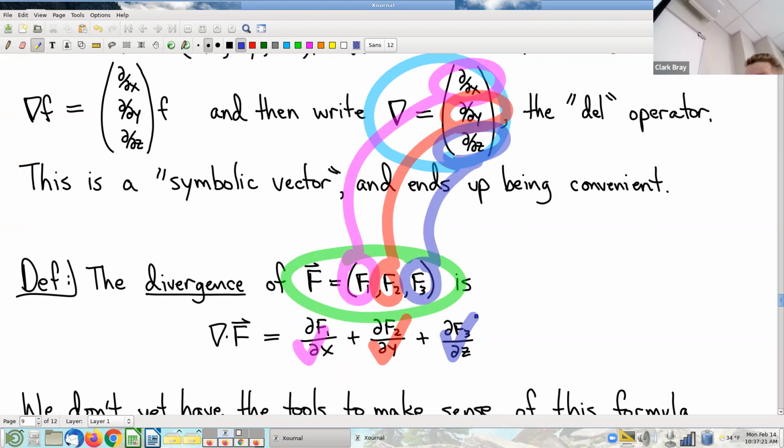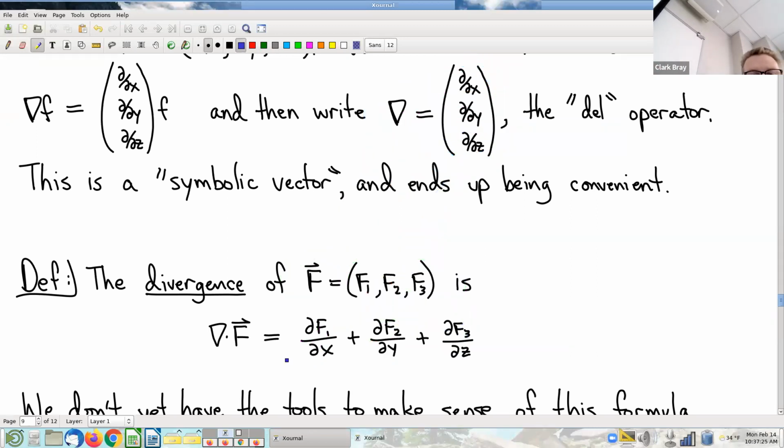Now, reasonable questions come up of, hey, wait a minute, that's not really a vector. Are you allowed to do vector stuff with things that aren't vectors? Excellent complaint. And this is, again, a symbolic business. This is flashing back to when we first wrote down the cross product.